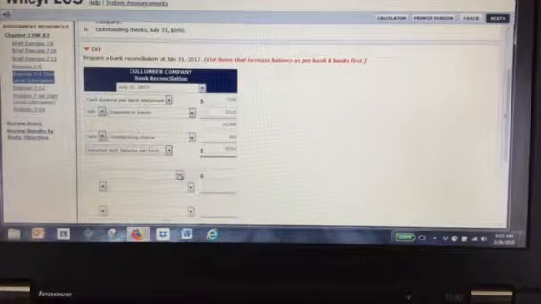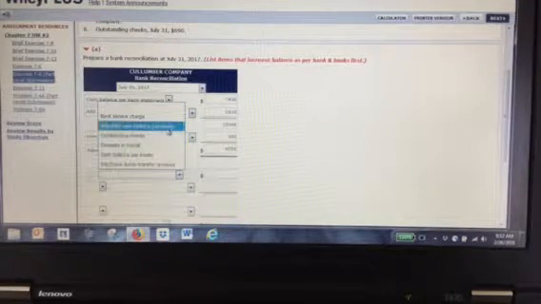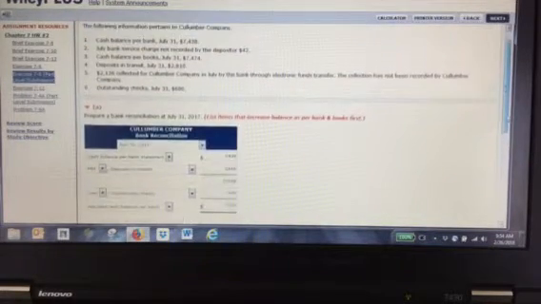Next, we want to go to our records and compare those to the bank's records. So when we do that, we want to move to cash balance per books. So this is our books that we're trying to record, and if we go up above, we'll see that cash balance per books is in line number 3 here.